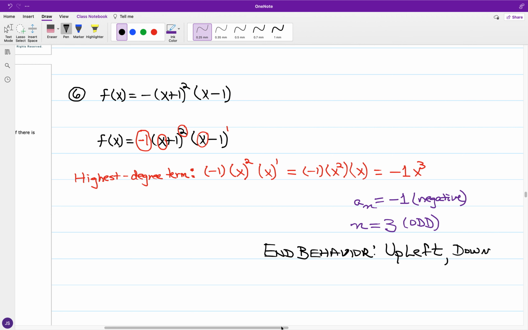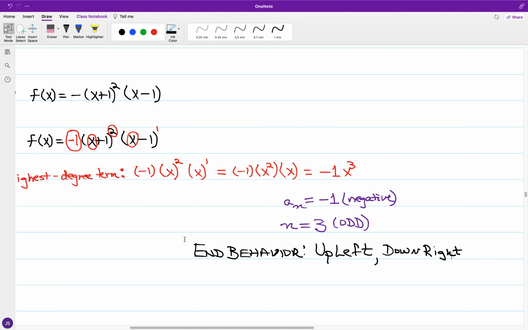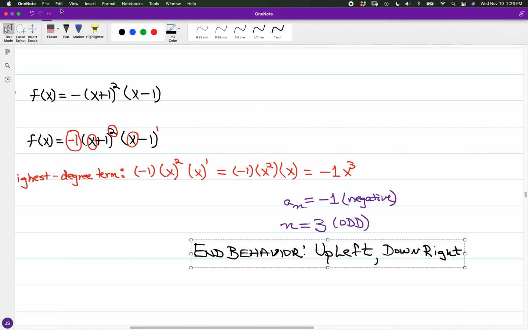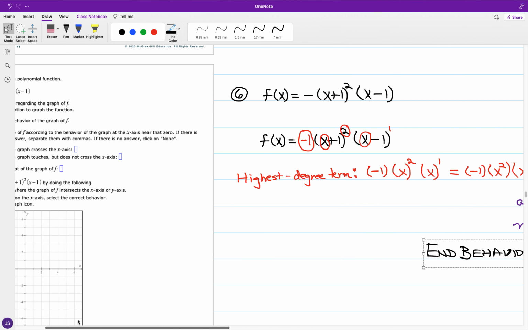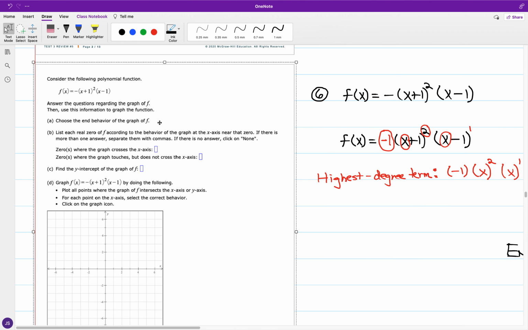So up to the left and down to the right. Let's see if I can fit this in. Yes, okay, so the end behavior is up to the left and down to the right.